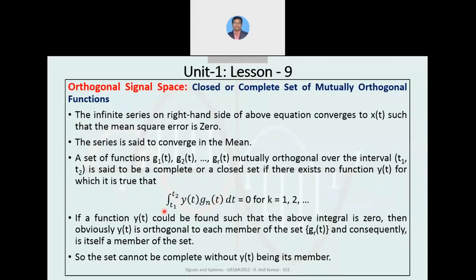If a function y of t could be found such that the above integral is 0, then obviously y of t is orthogonal to each member of the set.